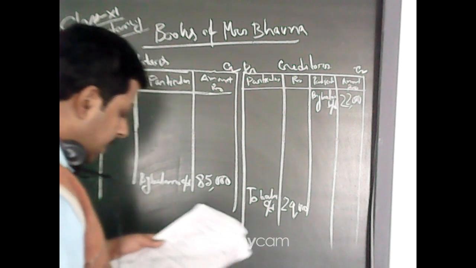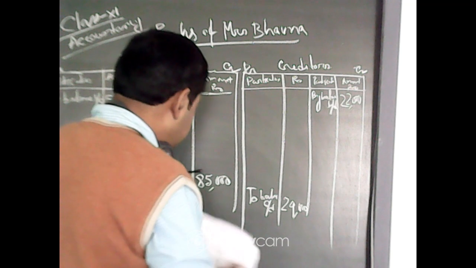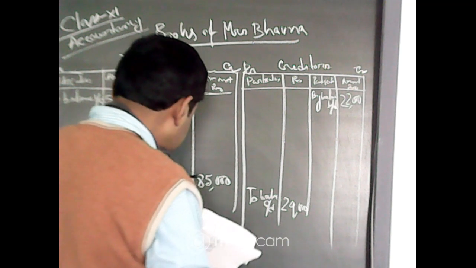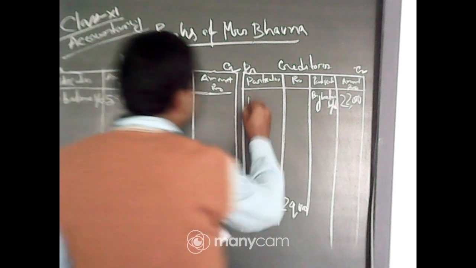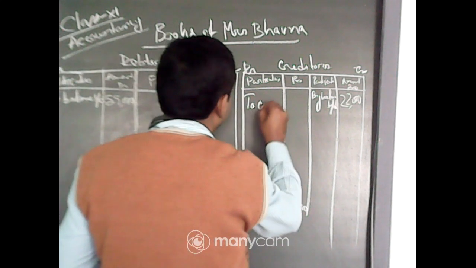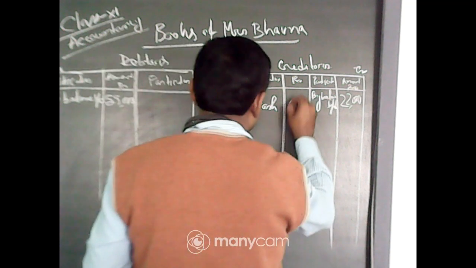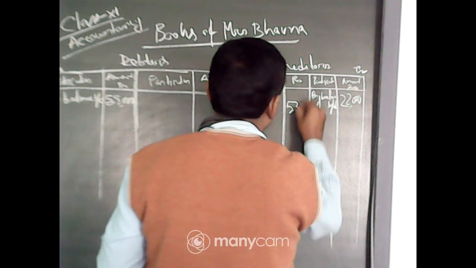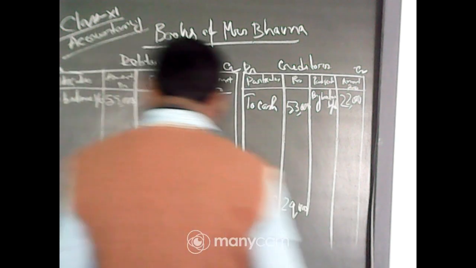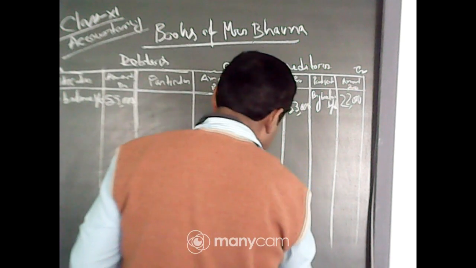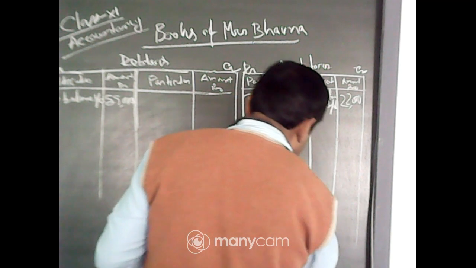Paid to creditors means creditors account debit to cash. So To Cash in the creditors account, that is 53,000. Now there is nothing else given related to credit, so you just close the account here.